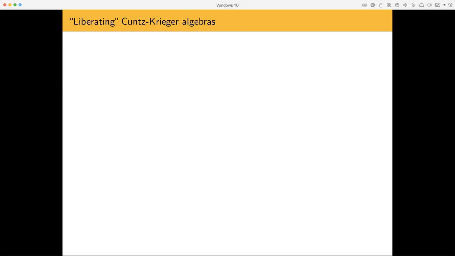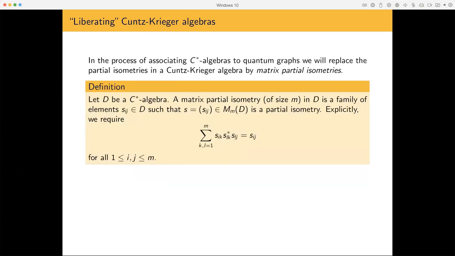remember, in a quantum graph, in a sense, the vertices are replaced by matrix algebras, and that means that instead of looking at partial isometries, we want to look at what I call matrix partial isometries, generating our algebra.